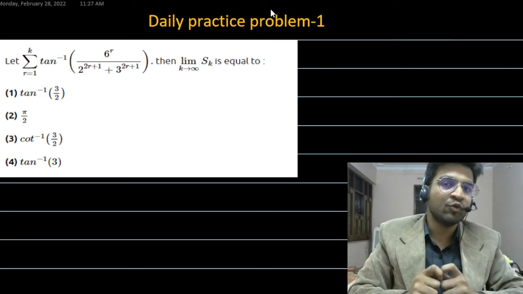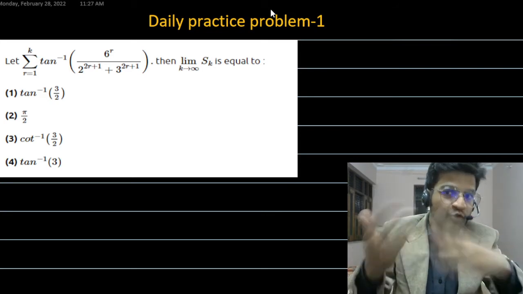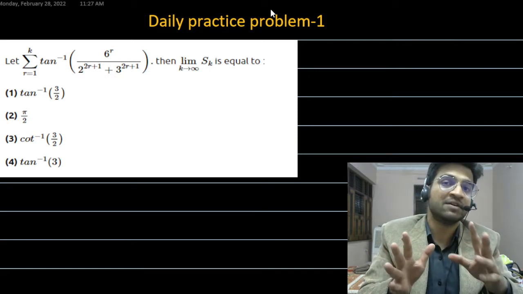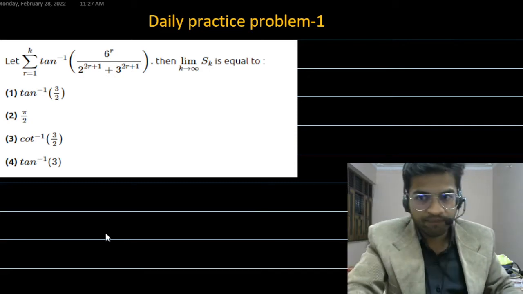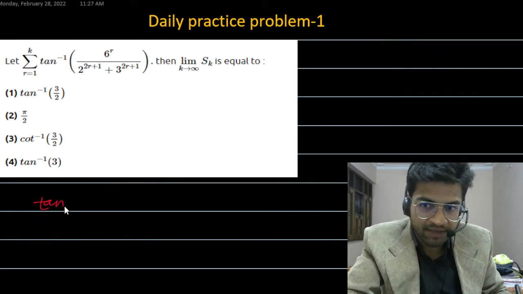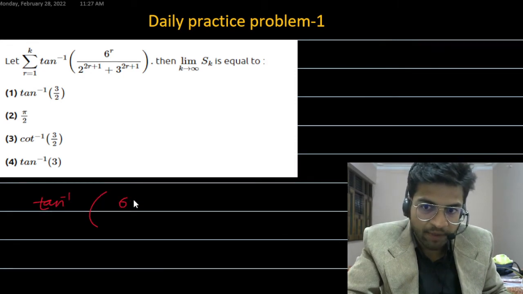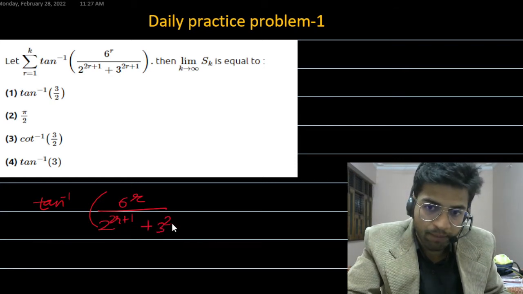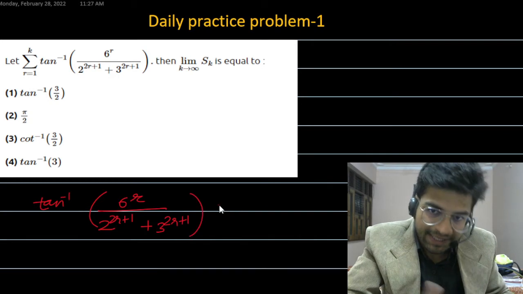Now what we have to do is understand how to break this expression that is inside the bracket into two different terms, right? So we know that we have to write this expression tan inverse of 6 to the power r upon 2 to the power 2r plus 1 plus 3 to the power 2r plus 1 in this particular manner.